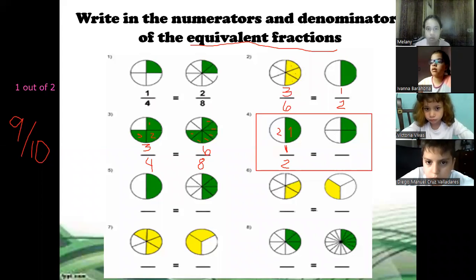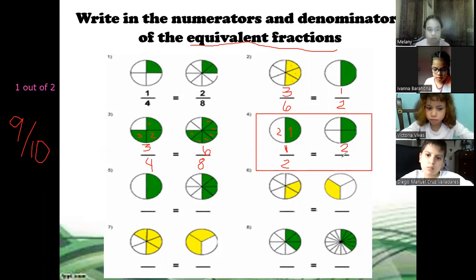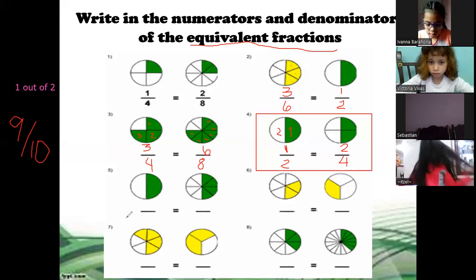What is it? 2. 2. Okay, numerator, denominator. Denominator. 4. 4, exactly. Fraction 2/4. 2/4 and 1/2 are equal.